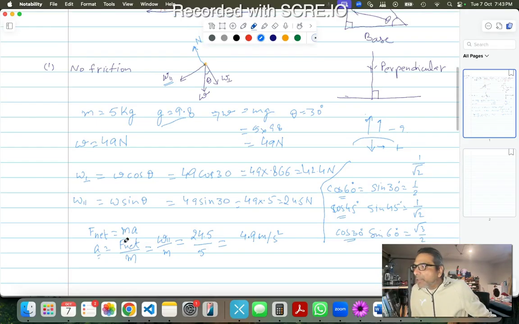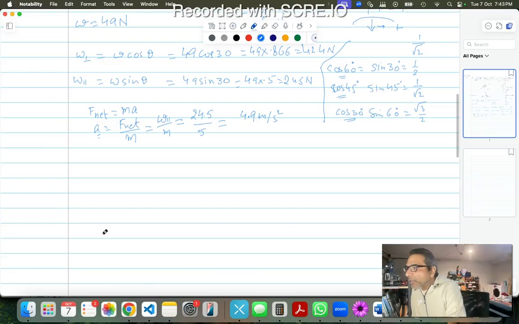Now come to the second option. What is the second option? The friction force is 10 Newton. Now the free body diagram changes. Why and how? Let's see. Now we have this object. There is a parallel component, right?